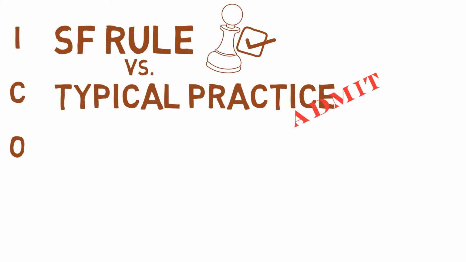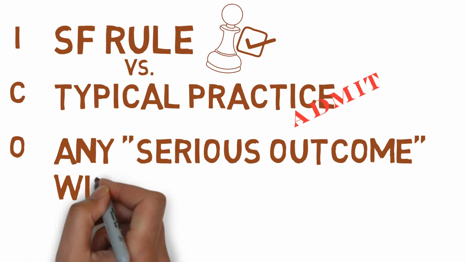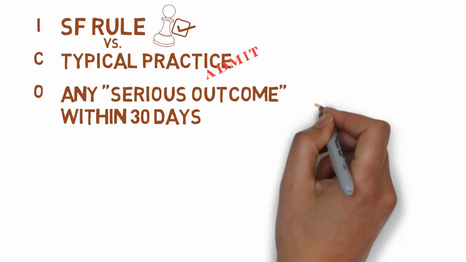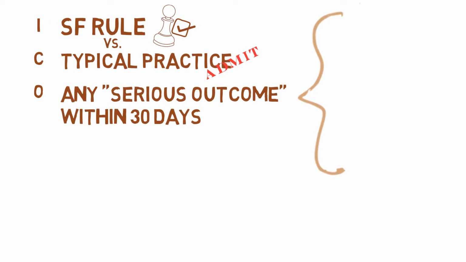The outcome being measured was referred to as any serious outcome, and the study designers came up with a whole host of outcomes that would be considered too serious to miss. In other words, the outcomes that you would definitely want to be associated with CHESS positive patients.